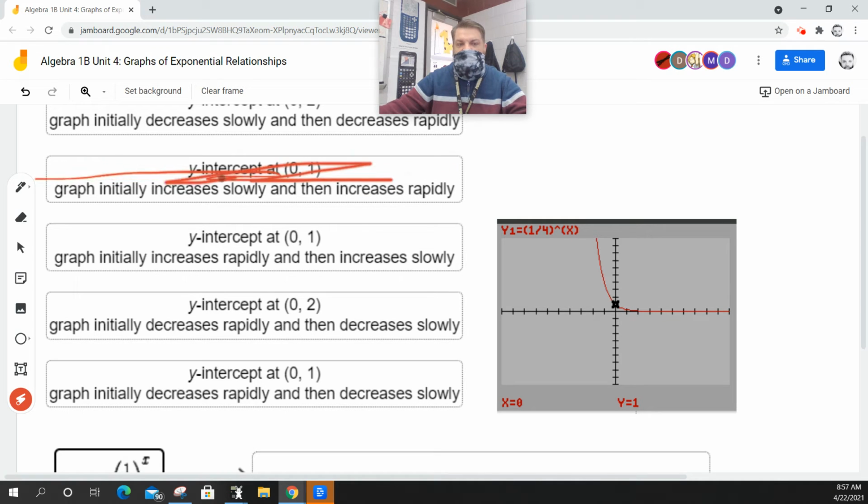We can ignore that one. The next one says the graph initially increases rapidly and then increases slowly. Is this increasing as we read it like a book left to right? No. So we're going to ignore that one. The last one says it initially decreases rapidly, then decreases slowly. Is it decreasing rapidly? And then it tapers off?